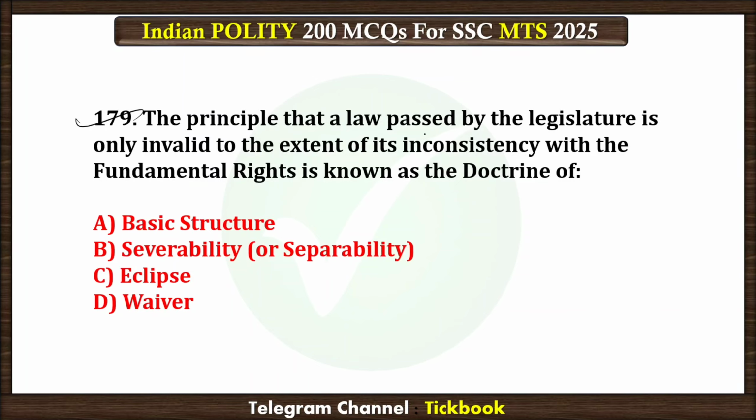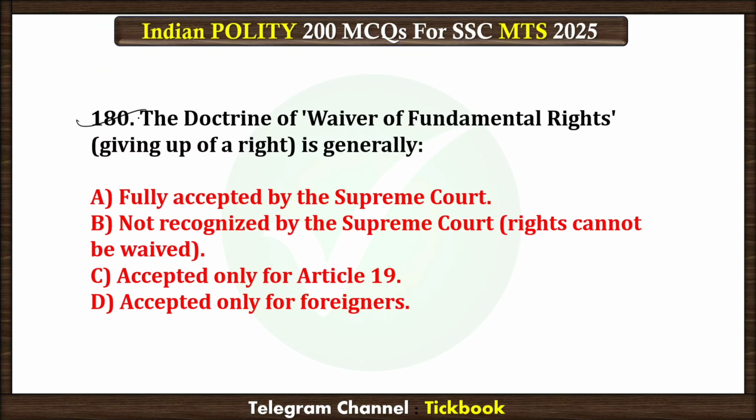179. The principle that a law passed by the legislature is invalid only to the extent of its inconsistency with the fundamental rights is known as the doctrine of, option B, severability or separability. 180. The doctrine of waiver of the fundamental rights, giving up of a right, is generally, option B, not recognized by the Supreme Court.